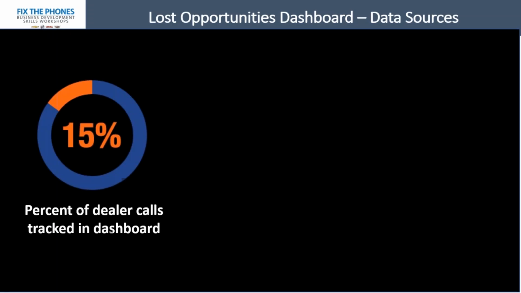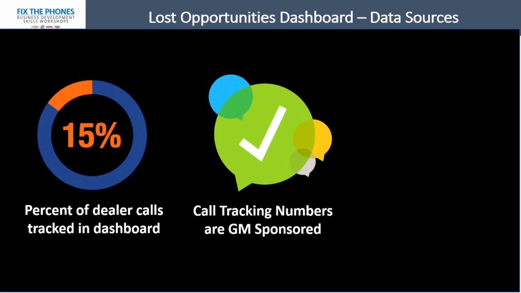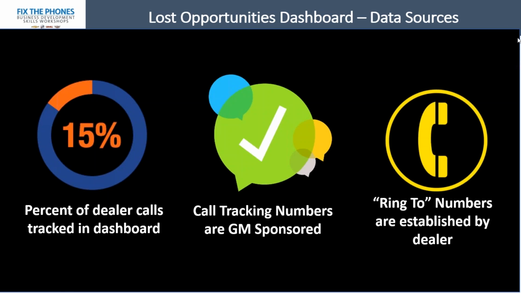A little quick background on the data source. Where is this coming from? You probably all or most of you already know this, but about 15% of dealer calls will be tracked in the dashboard. Call tracking numbers are GM sponsored, and the ring-to numbers are established by you, the dealer.